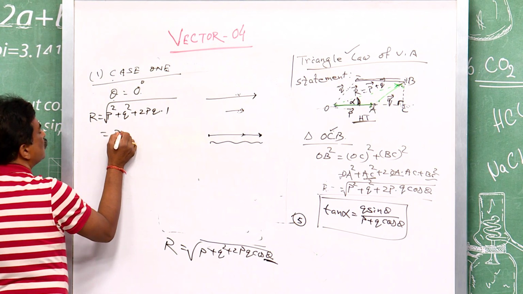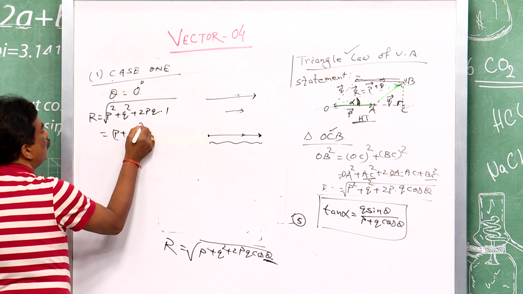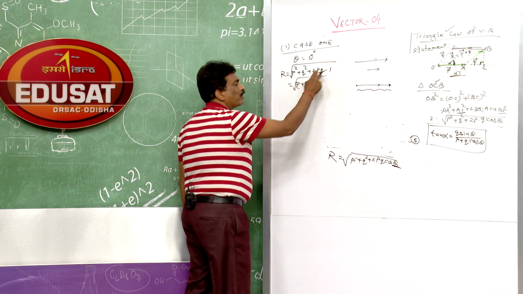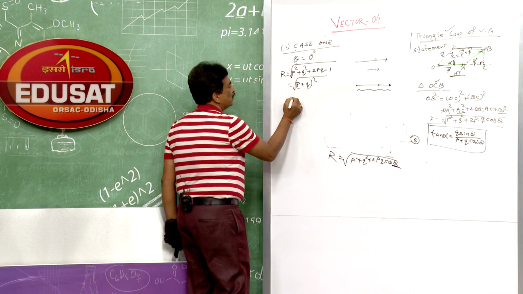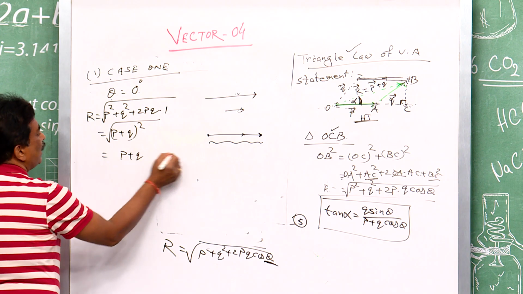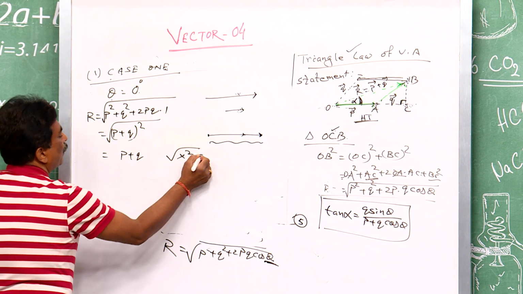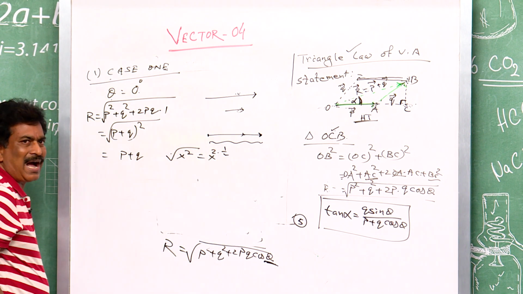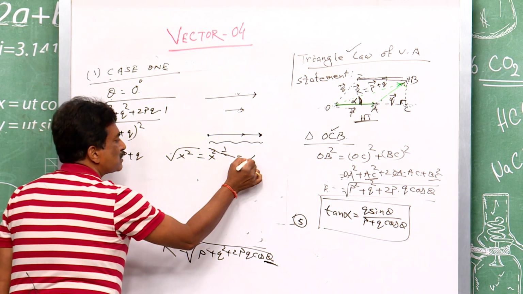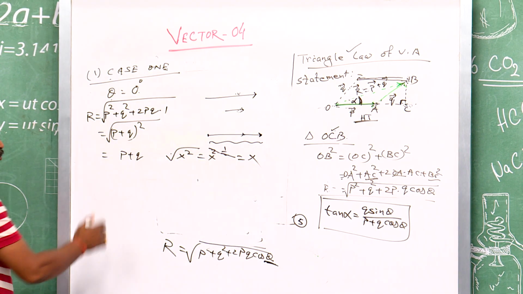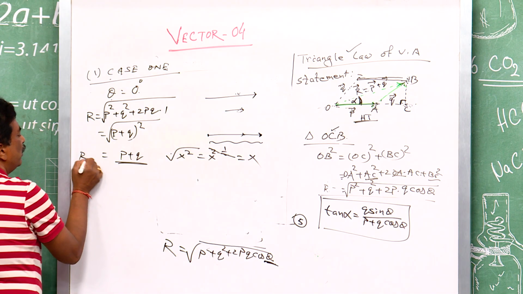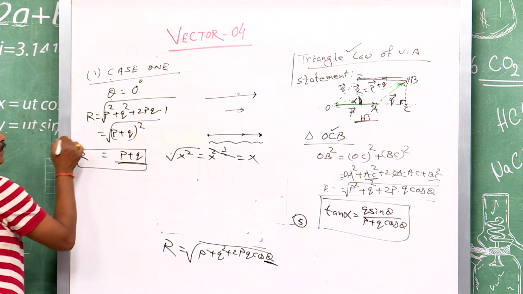So this is equal to the square root of (P plus Q) whole square. As we know, square root of x square means x to the power of half of the square, so these cancel and it is x. So here also the square root of (P plus Q) whole square is P plus Q. So R is equal to P plus Q.